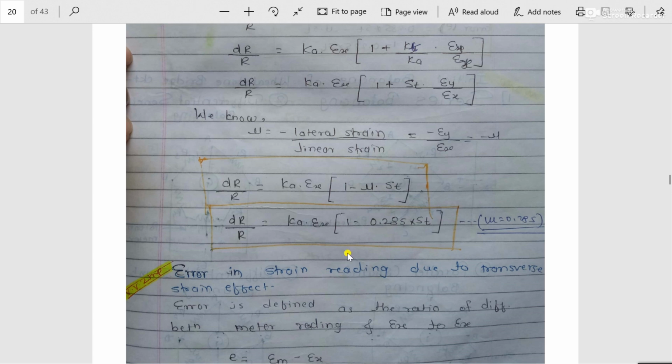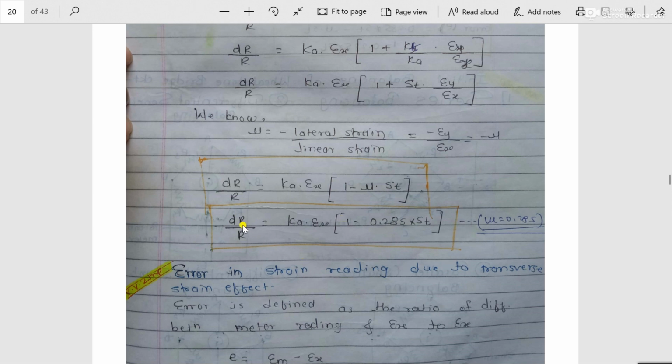This effect, or this transverse sensitivity, we have to consider if the utmost accuracy is required. That means if we are calculating the change in resistance value in strain gauge applications, and utmost accuracy is required, at that time we have to consider this transverse sensitivity, or use this formula to calculate the change in resistance.